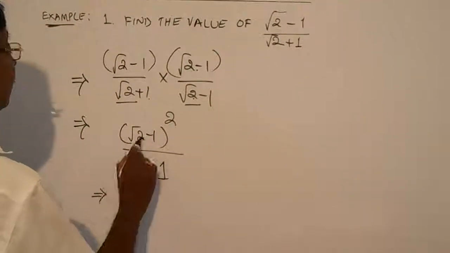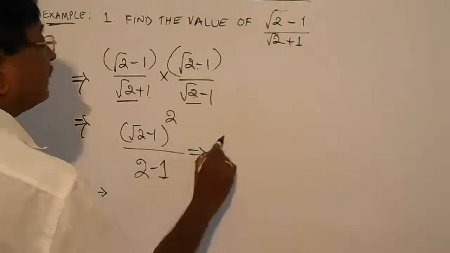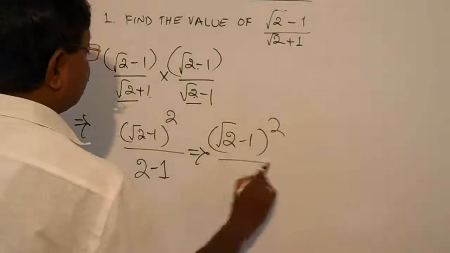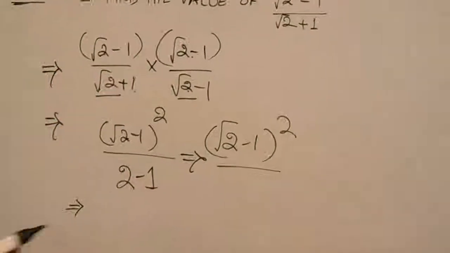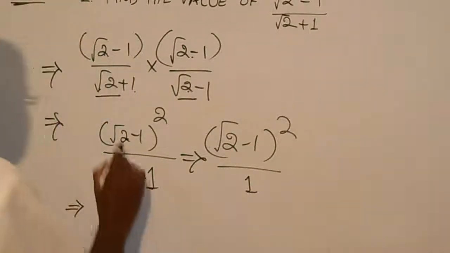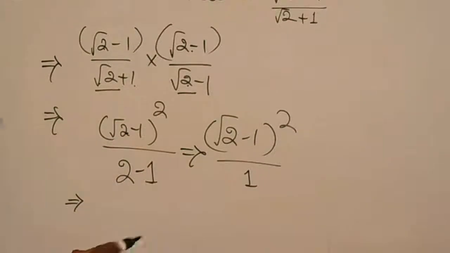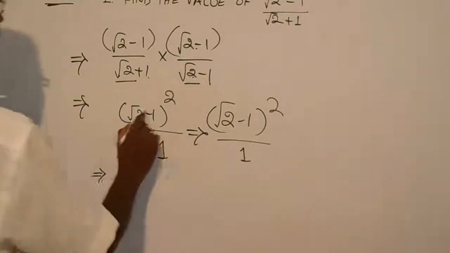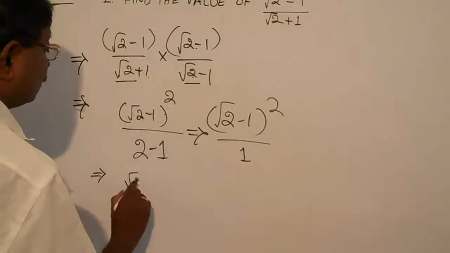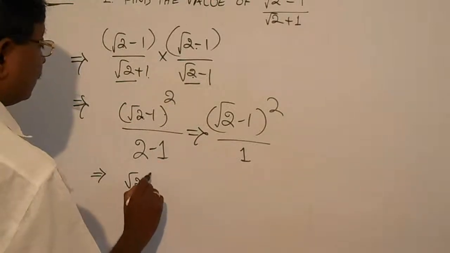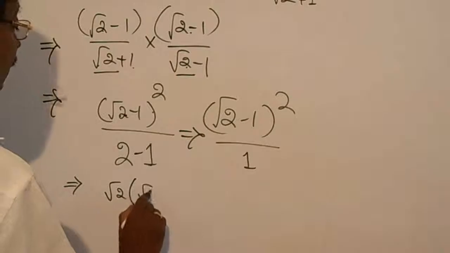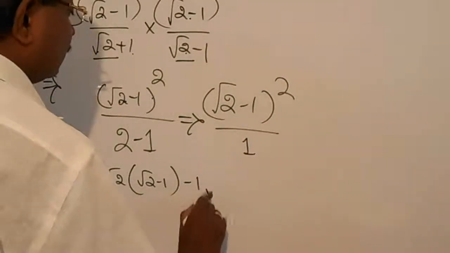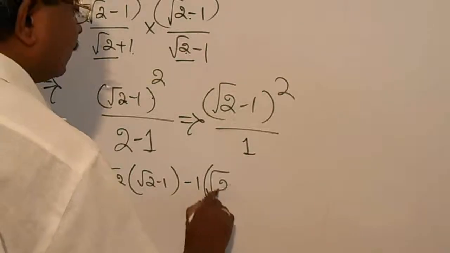Now root 2 minus 1 to the power 2 can be simplified using the identity (a minus b) whole square. I will split the term as root 2 minus 1 into root 2 minus 1.